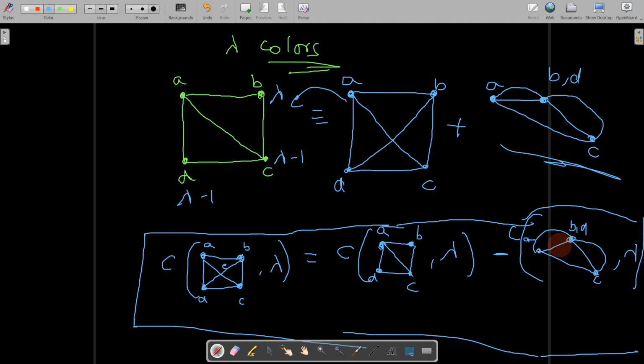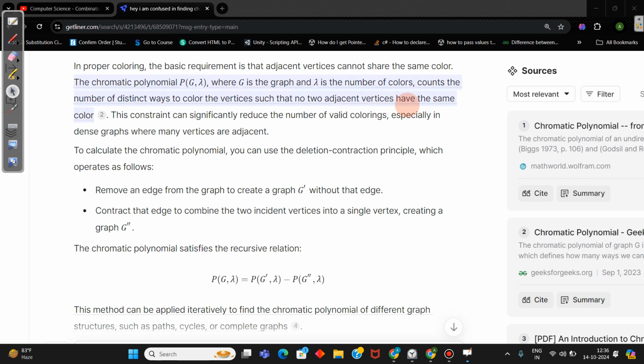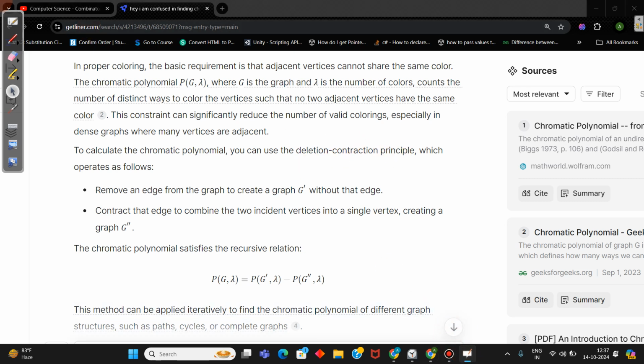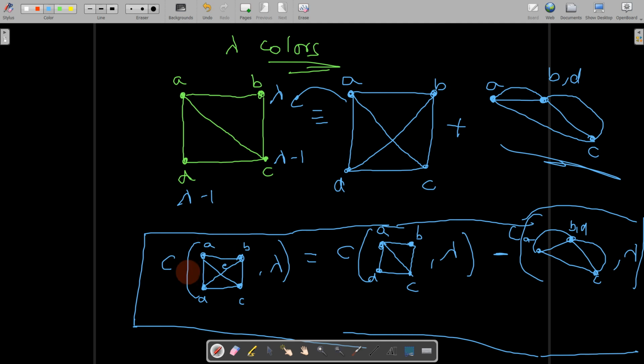So this is the recursive definition of finding the chromatic polynomial for any graph. This is called the deletion contraction principle, where you delete any of the edges from the original graph. The edge E has been deleted.